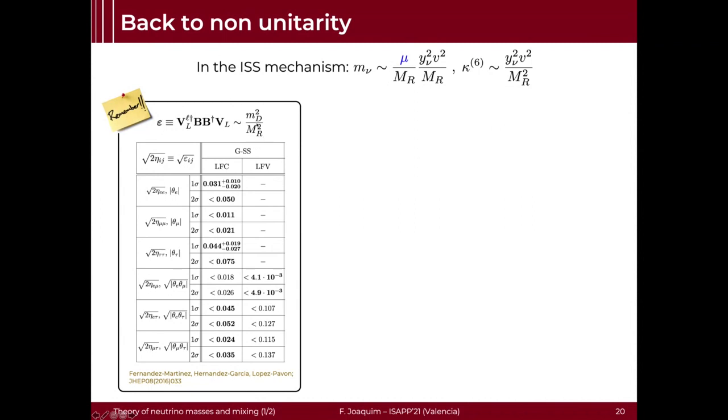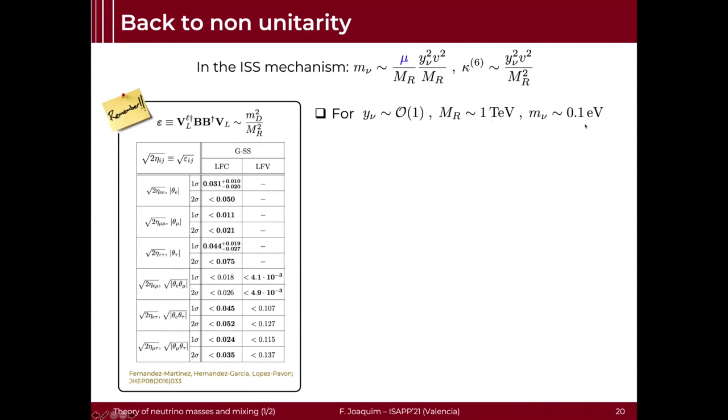So you see, since now I can lower the scale of MR and have at the same time neutrino masses low by lowering the parameter mu, I can have now sizable non-unitarity effects, okay?